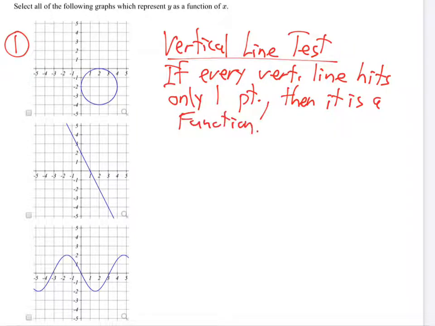So it's just kind of a weird rule. Probably doesn't make any sense right now, but it won't be hard for you. So basically, it's called the vertical line test. If every vertical line hits only one point, then it's a function.